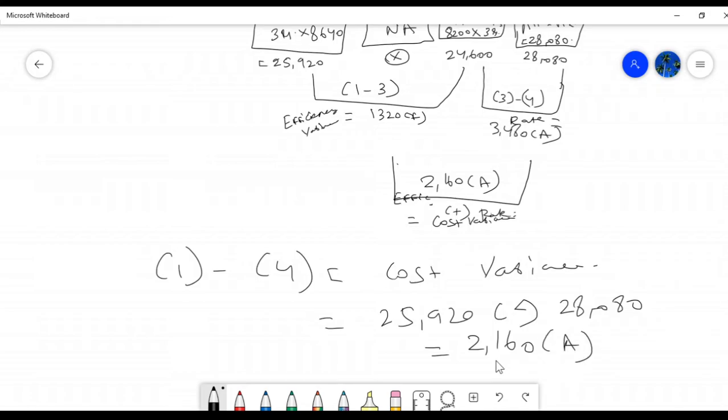So department X is completed. Please go through department Y and work it out yourself. This is the homework for you. Okay, we will move to the next problem.